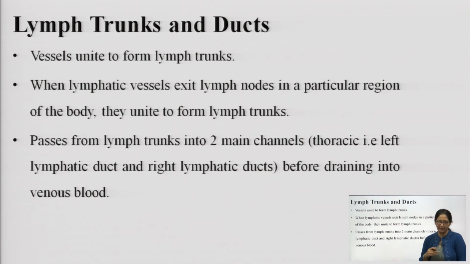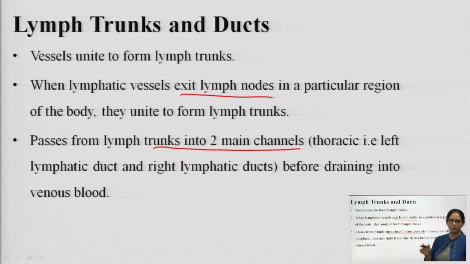Now the lymph trunk and the lymph duct. Vessels unite to form the lymph trunk. When the lymphatic vessels exit through the lymph node, they unite to form the lymph trunk, which is the junction or combination of the lymph vessels, and from the lymph trunk the lymph passes into two main channels.